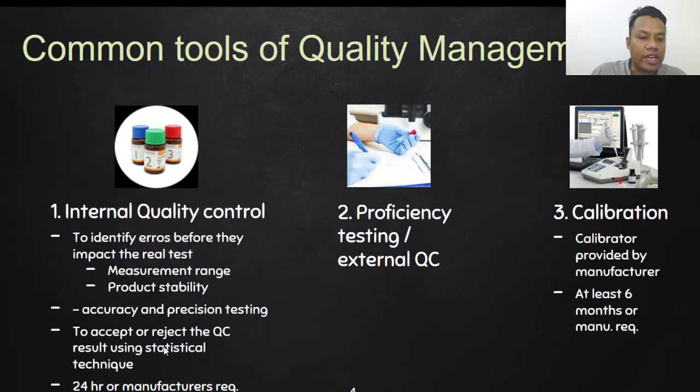If we need to reject, there are troubleshootings or maintenance that need to be performed before we test it again, and eventually do the testing on the real patients. Usually, quality control is done every day or based on the manufacturer's requirements.